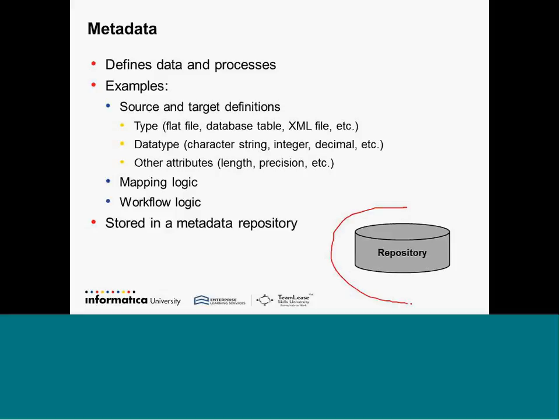Our repository is always an RDBMS. We don't keep it in a flat file or some kind of Excel sheet format. This RDBMS is third party. Informatica doesn't provide you with this RDBMS, so you need a third party RDBMS to take care of this part. We keep all our information as metadata in the RDBMS.